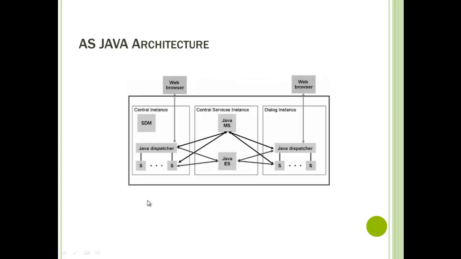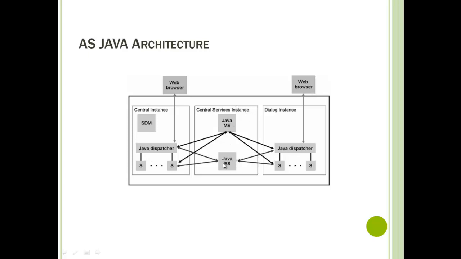Next, have a look at the Java architecture. In application server Java, you have the central instance, and it is identified by the fact that it has this SDM, which stands for software deployment manager, and the NQ services are running in the central services instance.